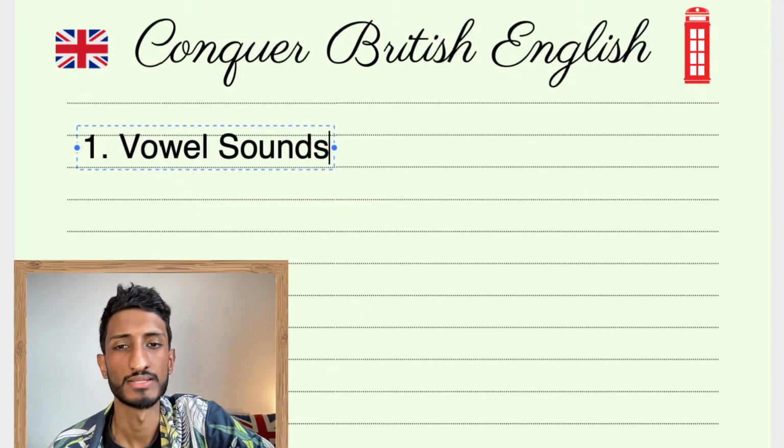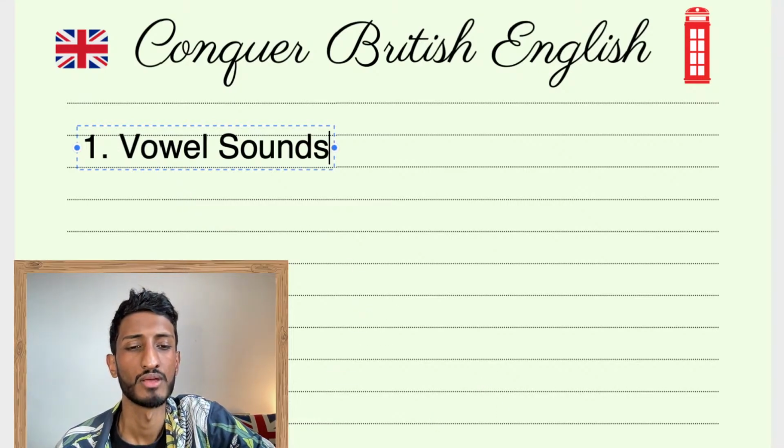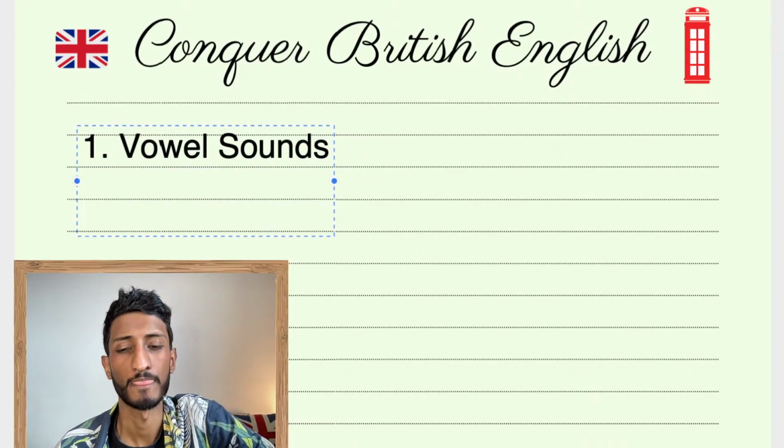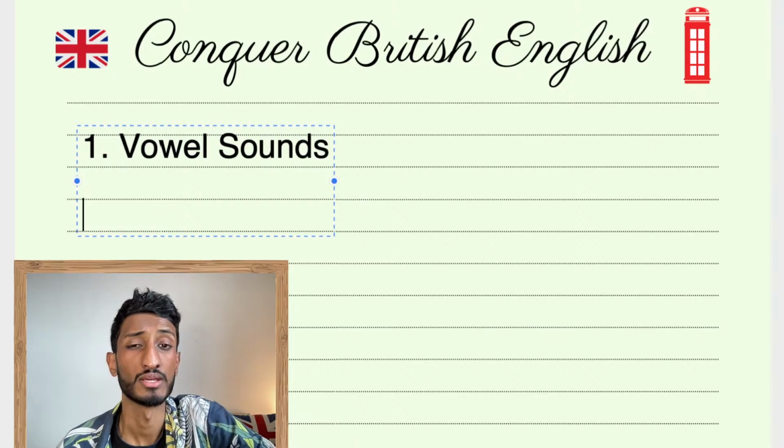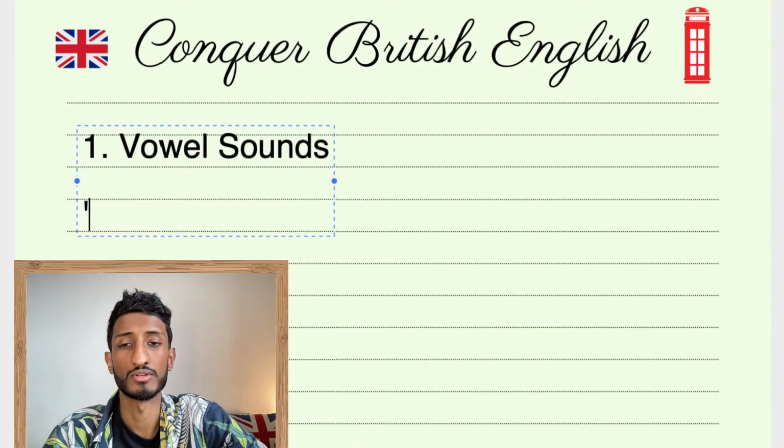What I mean by this is there are various vowel sounds between the Indian accent and the British accent that you should be aware of, and there's certain ways that we can pronounce the vowels, right? So if we take a look at this one, I thought about the difference between these two words.